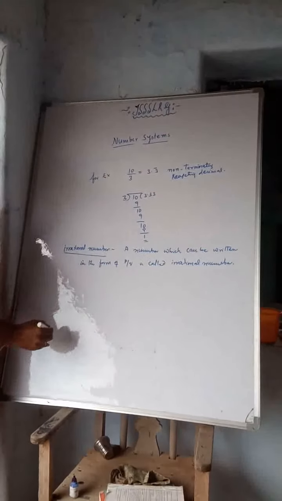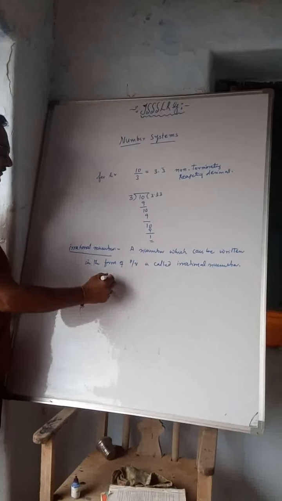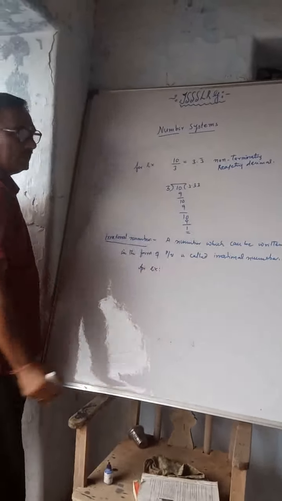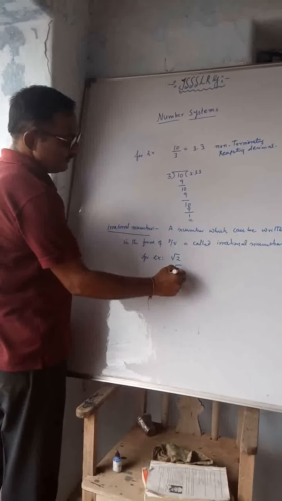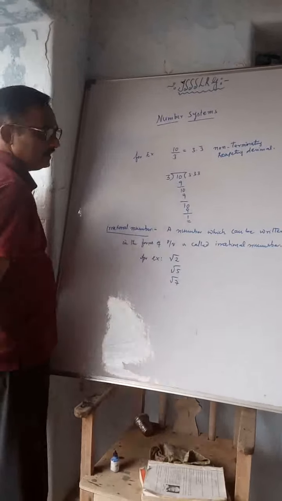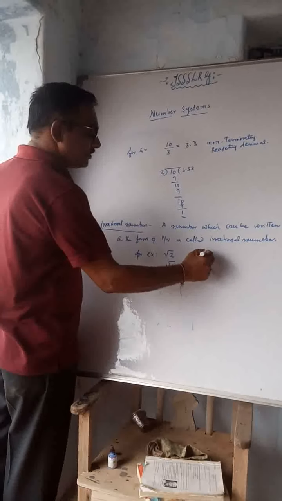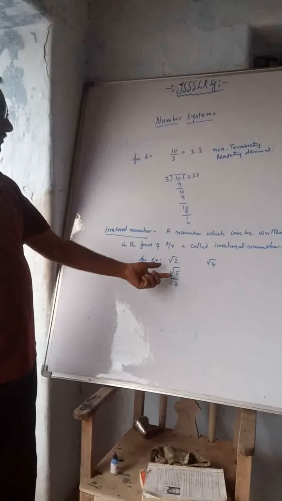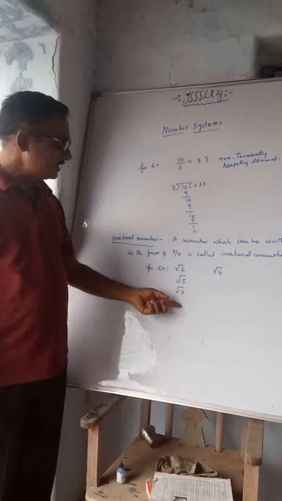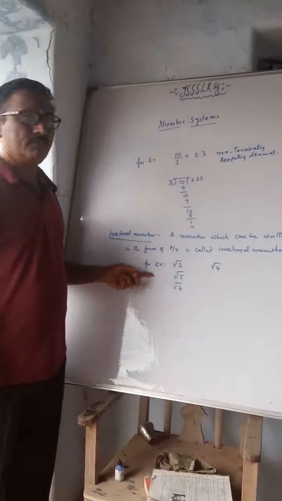Okay, for example, you take root 2, root 5, root 7, if you take root 4. Now root 2, root 5, root 7, all these are not perfect square numbers.